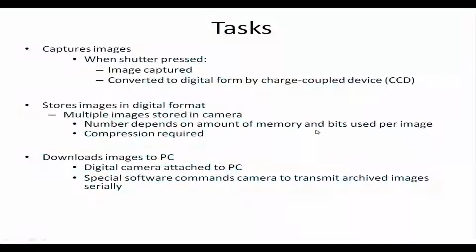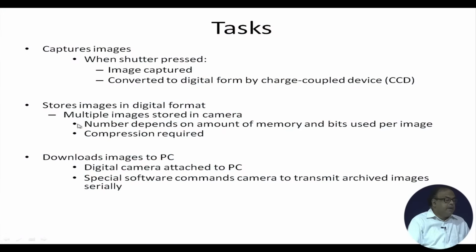When we go for high resolution, that means we are using a higher number of bits per pixel, so a higher number of bits used per image. Now, in order that I can store more images, some sort of compression is required. That is a part of the task.